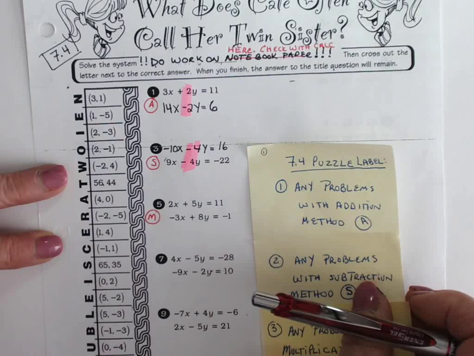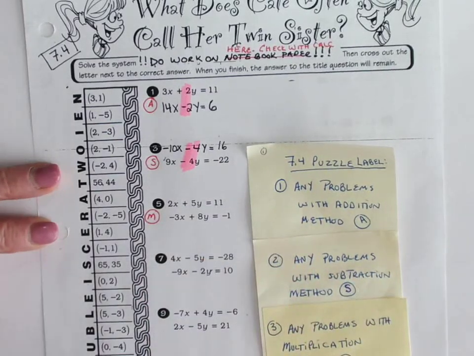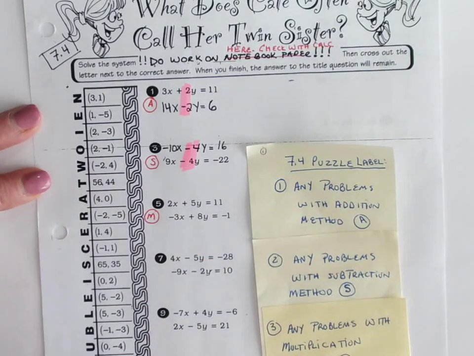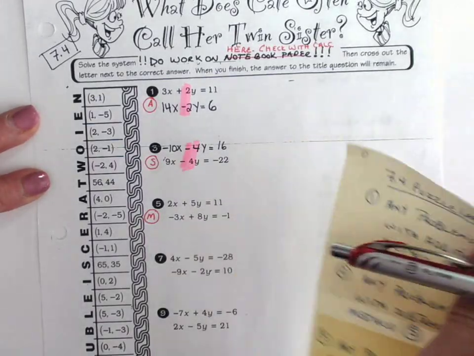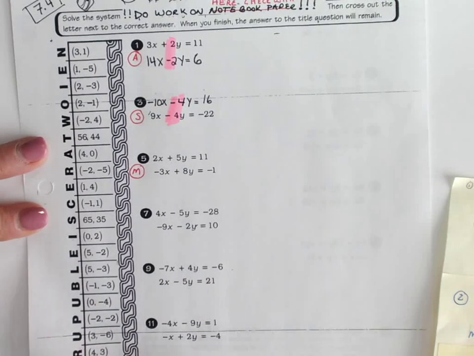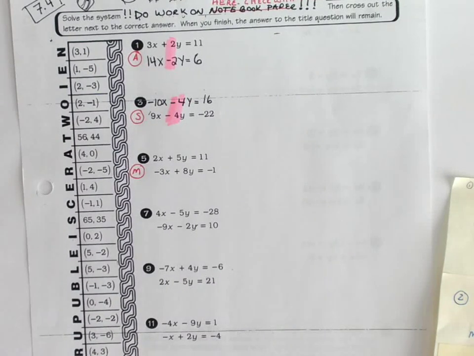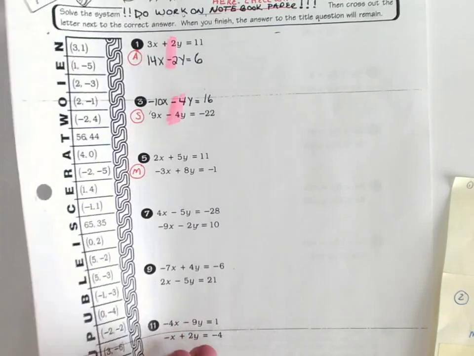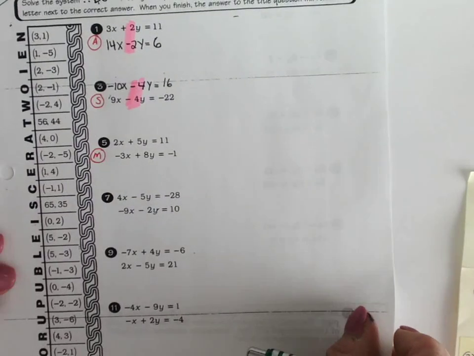So the first thing I want you to do is go through the problems on both sides and label the ones that are addition method with an A. You do it, I'll do it, and then we can check. All right, I didn't find any other addition method.